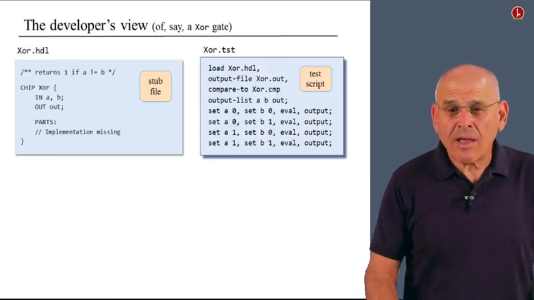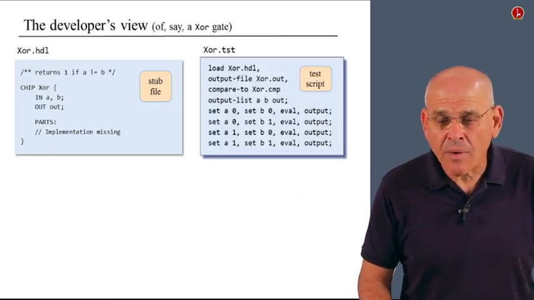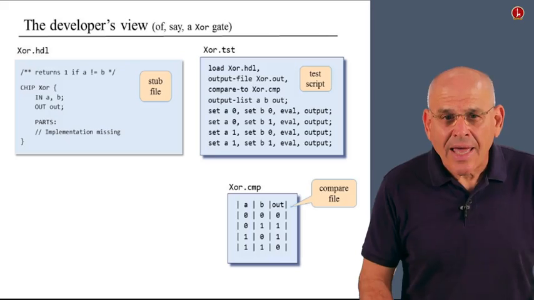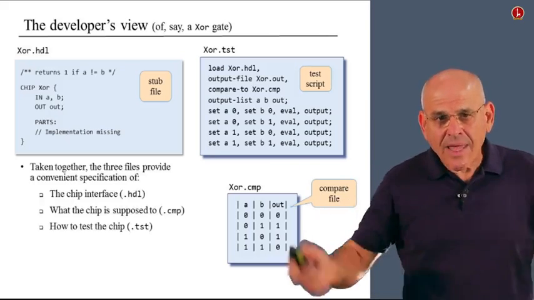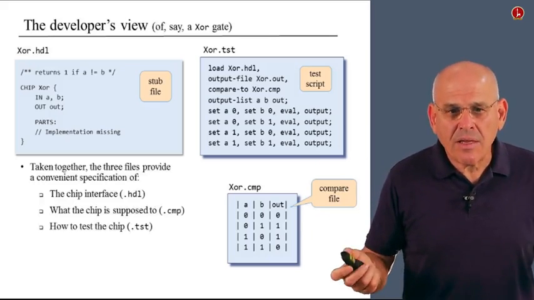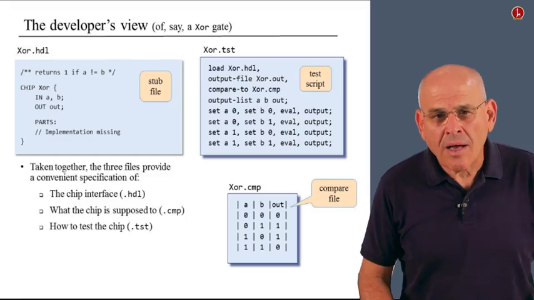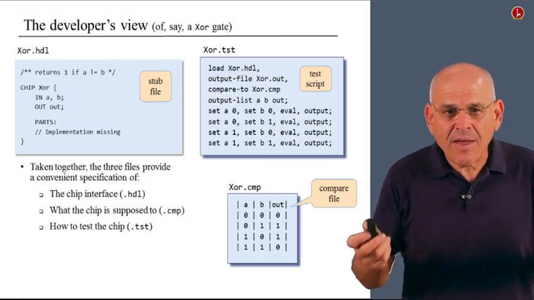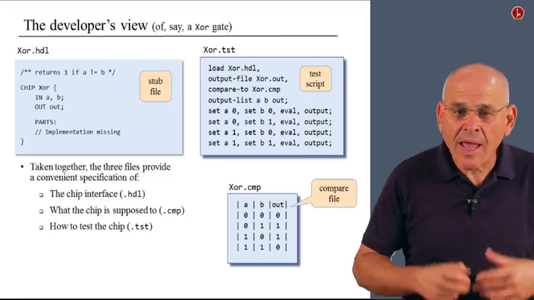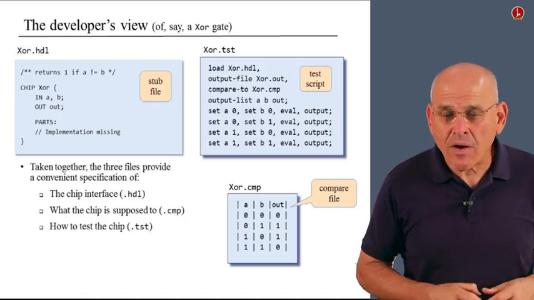You're also going to get a test script that we have written for you. You're going to get a compare file, and then, taken together, what you basically got is everything that you need in order to understand the interface, understand what the chip is supposed to do, the compare file, and we also tell you how we are going to test it.